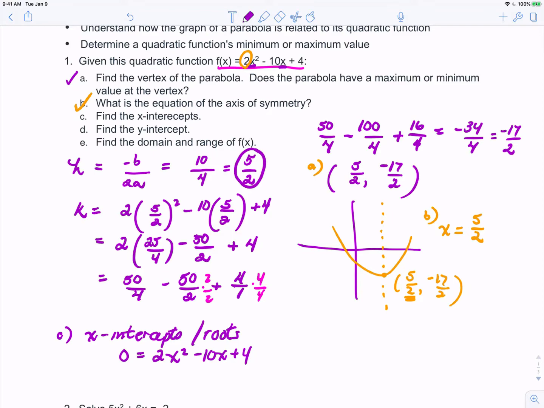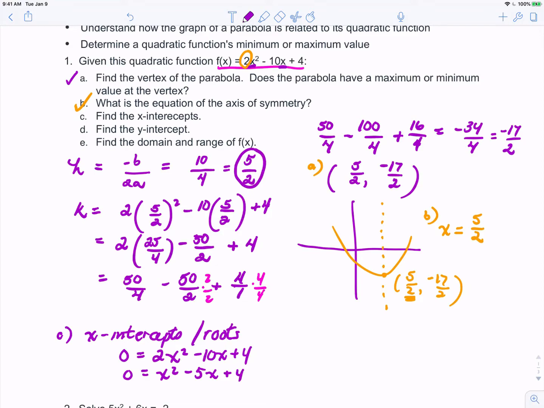Now we could pause and see if we could factor it, or we could go straight to the quadratic formula. In either event, I'm going to divide everything by 2 just to make the numbers smaller. Whether you use the numbers as they are in the quadratic formula, or divide by 2, we're going to get the same answer. So 0 is equal to x squared minus 5x plus 4.